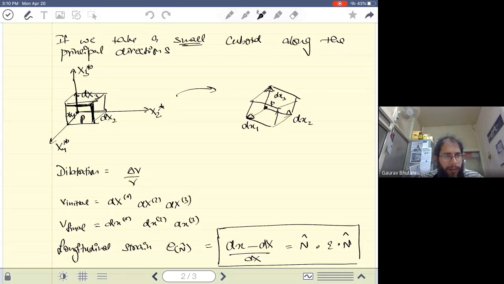Okay, so since we have the strain value at a point P in this continuum theory, we can only talk about infinitesimal cubes around point P when discussing dilatation.